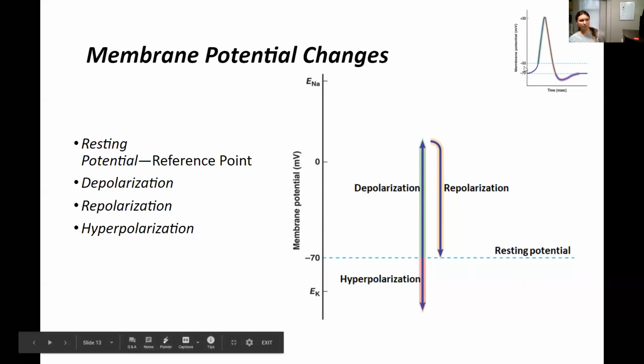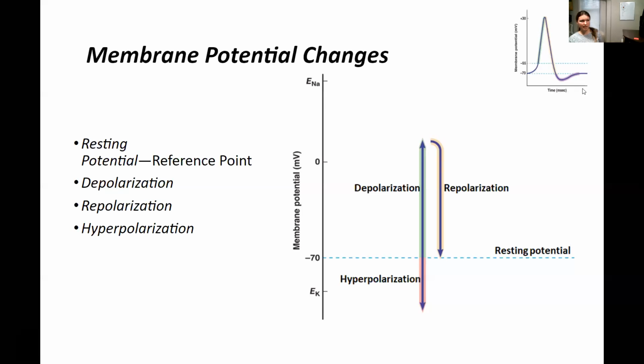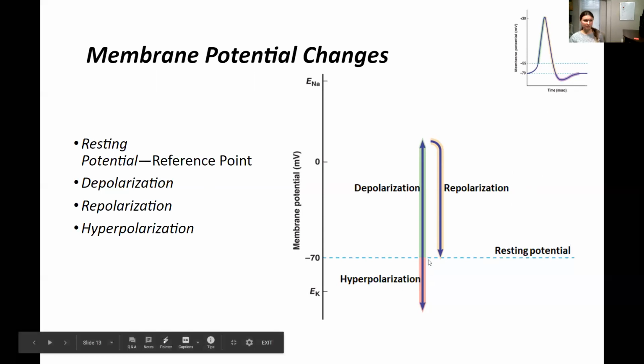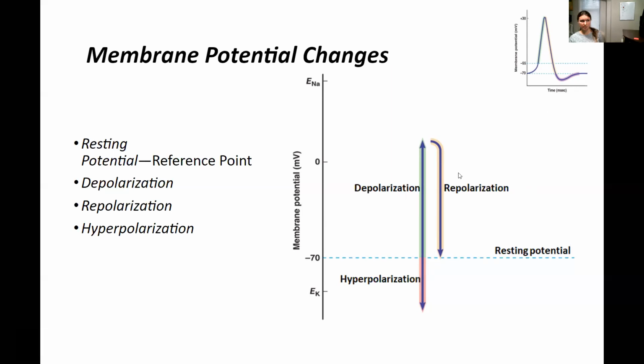And as I'm showing you this, I've just drawn a little insert here about the time order these happen in, because I don't want you to get confused by this graph. This is just telling us about the direction that defines each of these terms, but this isn't the order that they're going to happen when we see our action potential.